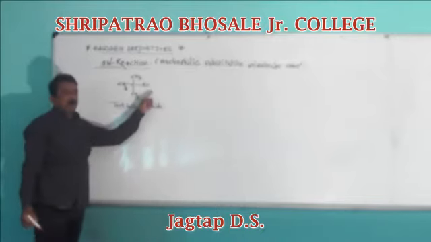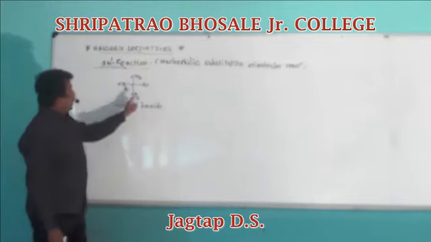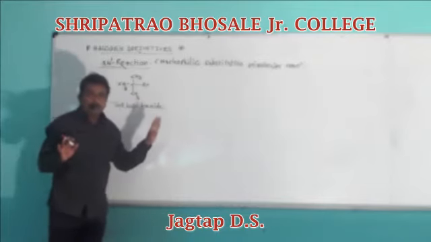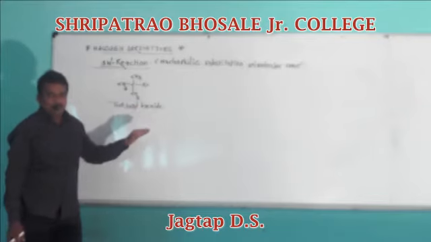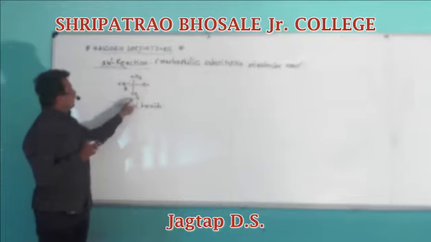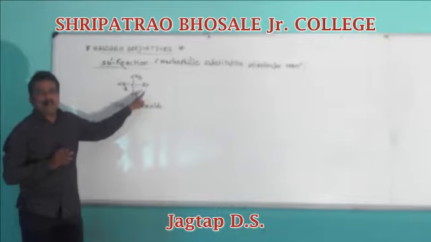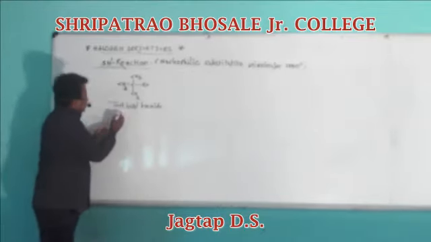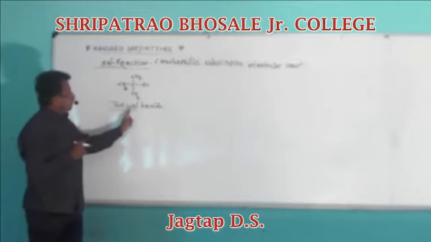It contains only one halogen atom in its molecule, so it is an alkyl halide, in which the halogen atom is directly attached to a tertiary carbon atom. According to the common system, write the name of the alkyl group first, attached to the halogen atom. Here the halogen atom, bromine, is attached to the tertiary butyl group, which is written first. So according to the common system, it is named tertiary butyl bromide.